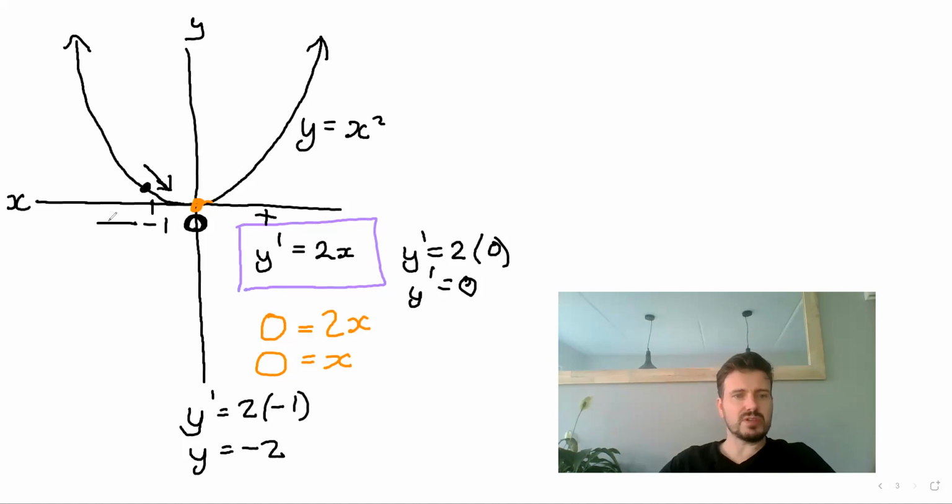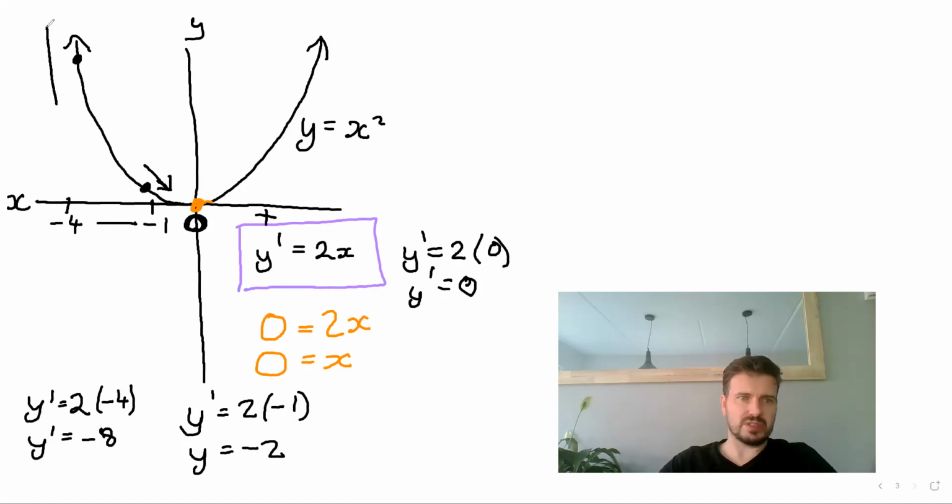Let's put in a slightly more negative number. Let's put in -4. So y dash, which is our gradient. The purple is the formula for the gradient, the one in the purple triangle. 2x, and if we put a -4 in there, we get the slope is -8. Wow, this maths is working out because look how steep this is, -8.